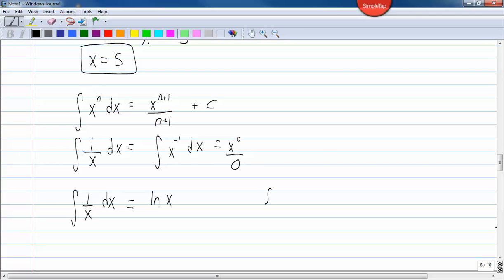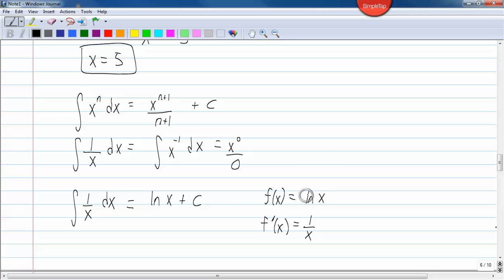And so if I have the function natural log of x, the derivative of the natural log of x would have to be equal to what? 1 over x.